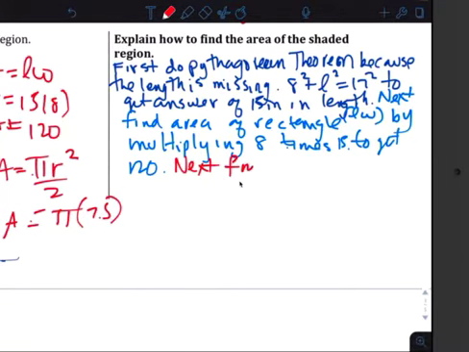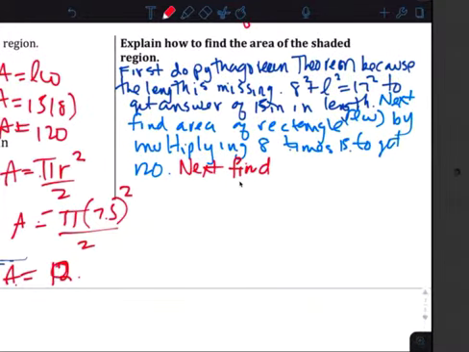Find the area of a half circle by doing pi times 7.5 squared divided by 2 to get the answer, you'll get 88.4, right?